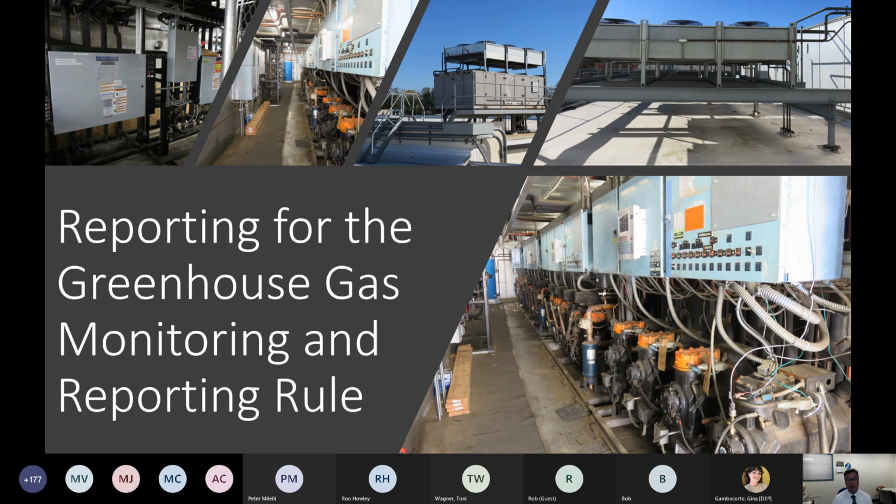The list on our website is there for your reference, but it is not a regulatory list. If it's not on there, you will still have to report it if that GWP is over 150.